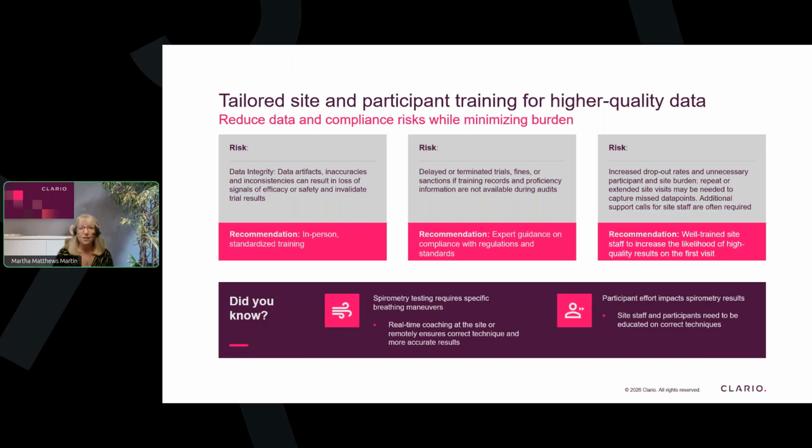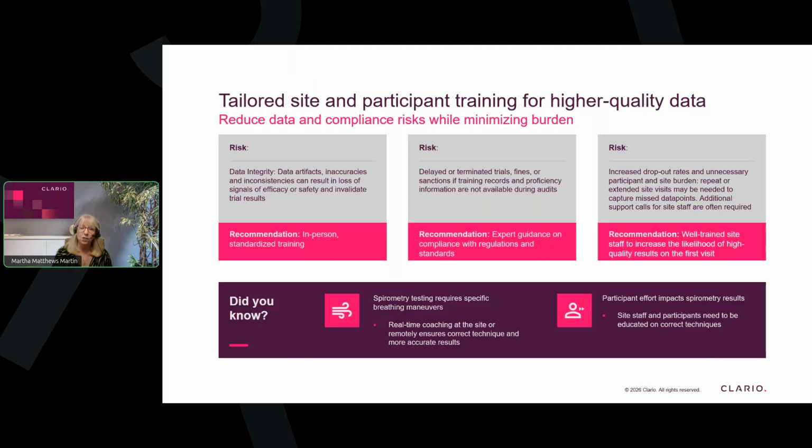So again, all of these risks we're aware of, we've talked about. Having a lot of noise in the data makes it very difficult to determine whether or not we have true drug effects, and it can actually slow down things such as enrollment and again, create a lot of waste.